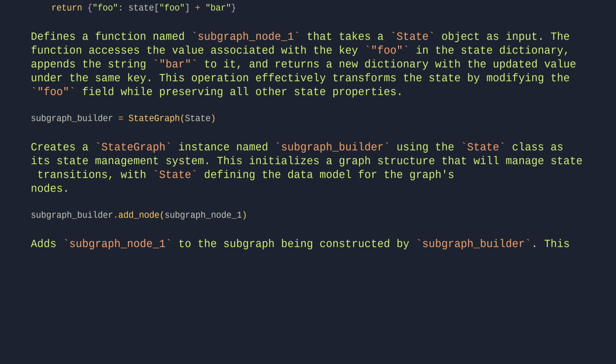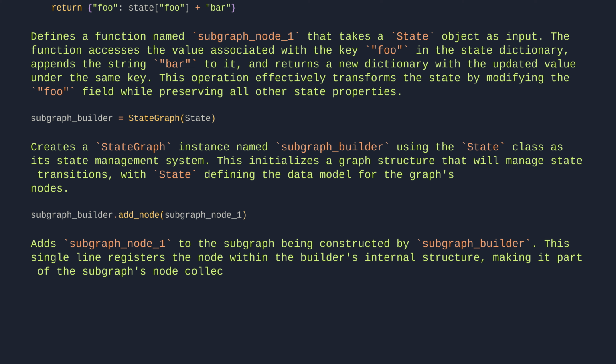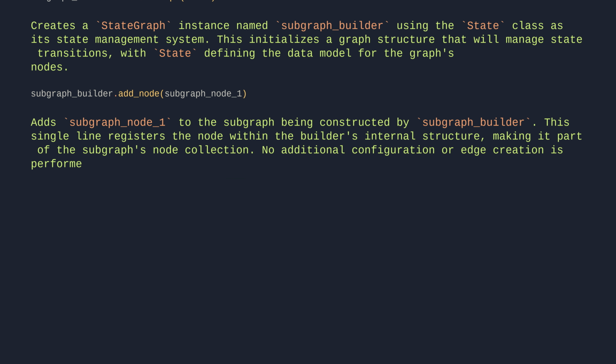This single line registers the node within the builder's internal structure, making it part of the subgraph's node collection. No additional configuration or edge creation is performed here, just the straightforward addition of the node to the builder's working graph.